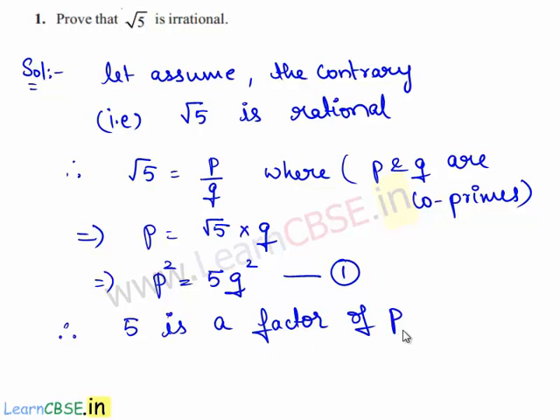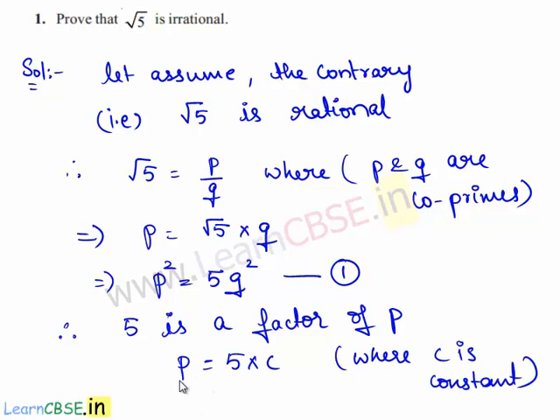Since 5 is a factor of p, p can be expressed as 5 times c, where c is some constant. Now we square this equation, that is p square is equal to 25c square. Now we shall substitute p square is equal to 25c square in equation 1.